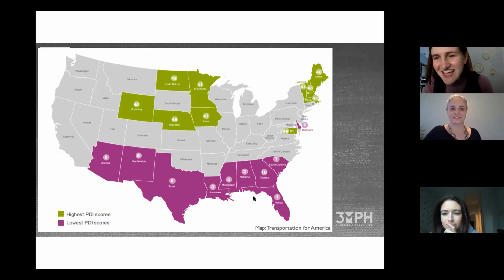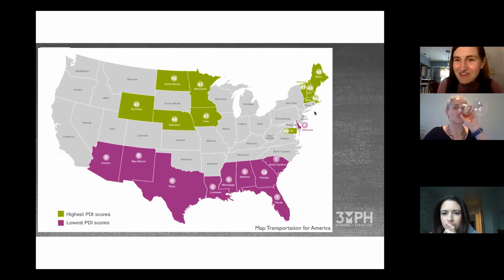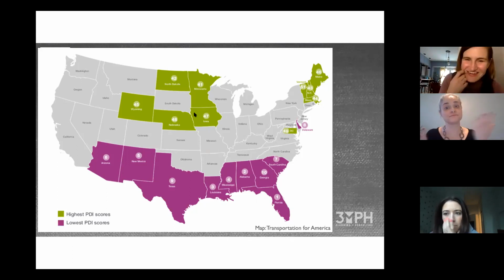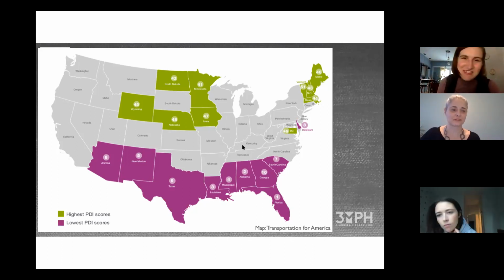I know. It looks like we're going down a rabbit hole, but having a small state population might, in their analysis, skew things a little bit to me. But we know very clearly that Texas, Florida, Georgia, like Texas has about, I believe, 600 people killed walking every year.